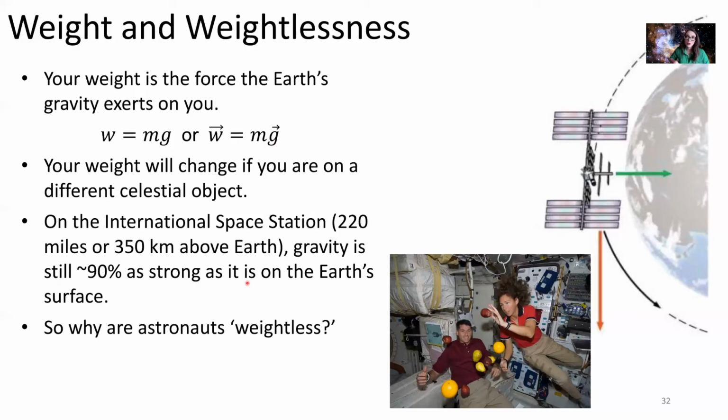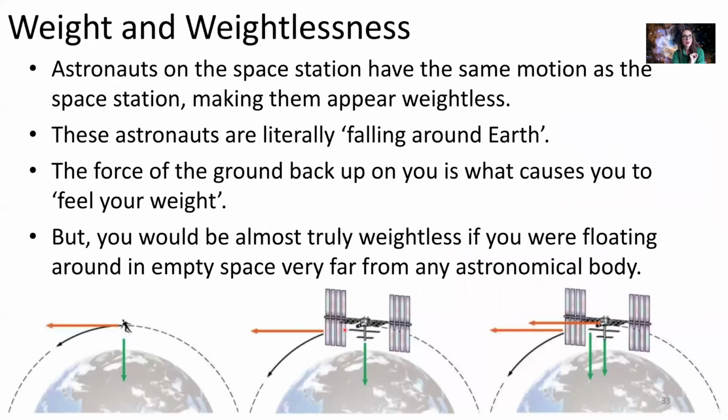In order for you to truly feel no gravitational pull from the Earth, you have to be really, really, really far away. Okay, so why then are astronauts weightless? Well, here's why. Astronauts on the space station have the same motion as the space station. That's what makes them feel weightless.